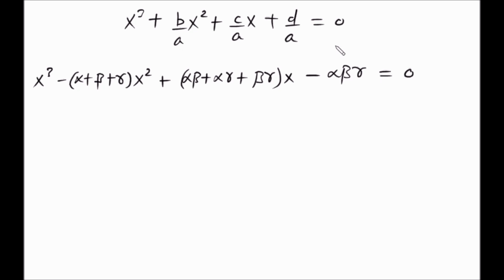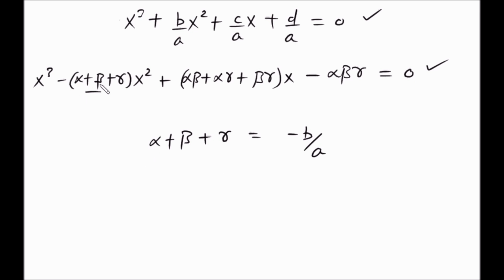So this is one equation. So I compare the coefficients. Here we have 1 and 1. Here now you will see that we have alpha plus beta plus gamma, but up here we have b over a, but because here we have negative and positive, here it is negative.